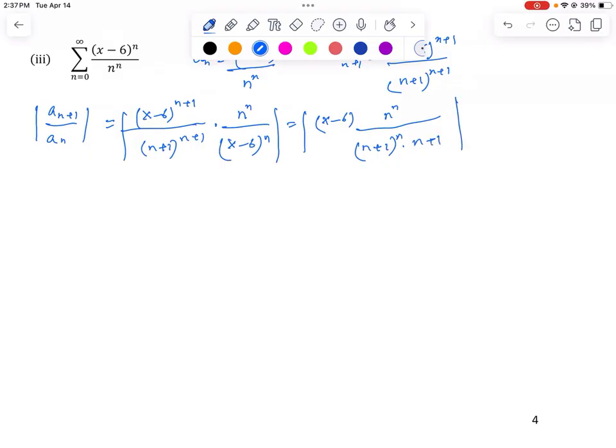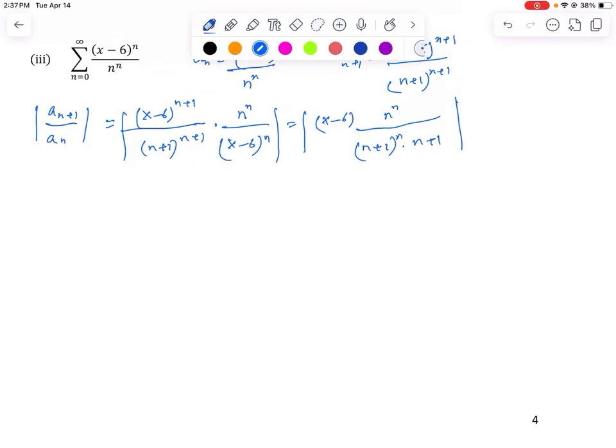Now again, this is exponent rules. I hope you guys know these because it's very important to know the exponent rules in this chapter.